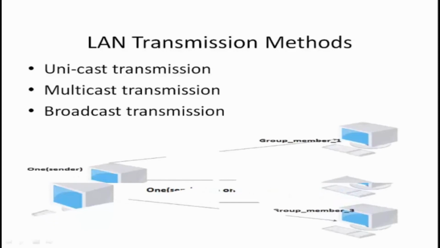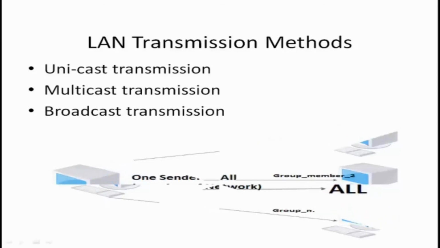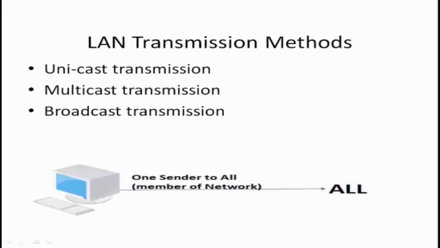In multicast transmission, the sender is always one, but the receiver is a group of members. So the members of the group receive this message. The next one is broadcasting, that is one to all. One sender sends a message, and it is received by all members of the local area network. That is known as broadcasting.